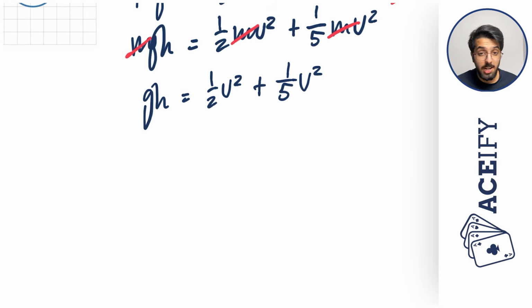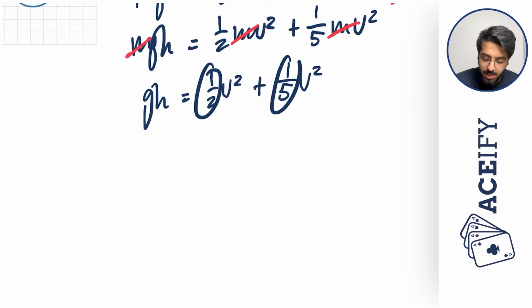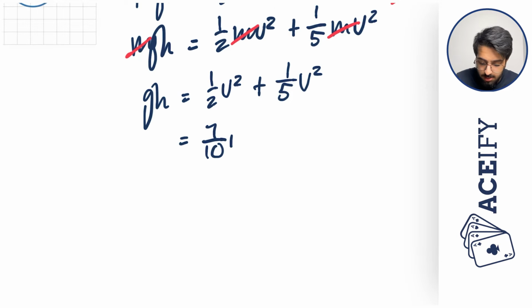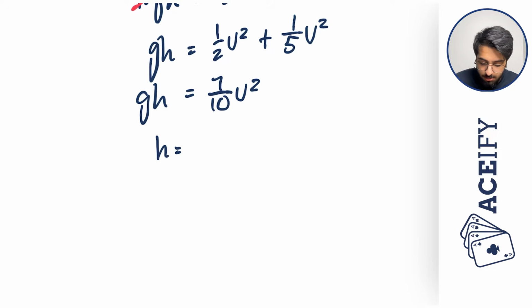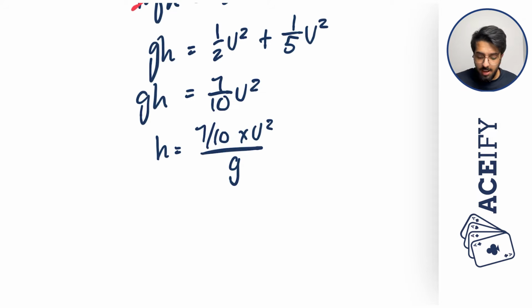Now we've got v squared as a common factor, so half plus 1 over 5 is equal to 7 over 10. So we get 7 over 10 v squared is equal to gh, and therefore our h is equal to 7 over 10 times v squared all over g. So now what is our velocity?